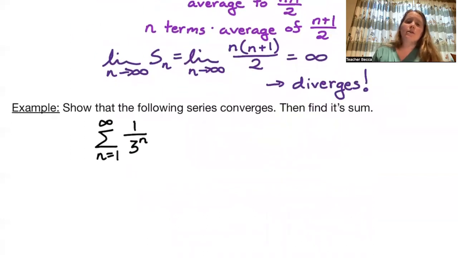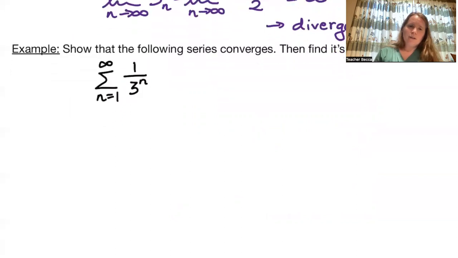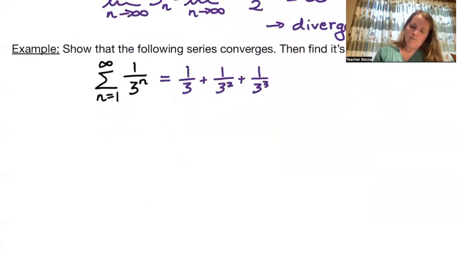Now here we're going to take a look at a series that actually converges and figure out what it converges to. So here we have the sum from n equals 1 to infinity of 1/3 to the n. So here we're essentially looking at 1/3 plus 1/3 squared plus 1/3 cubed plus going on forever.